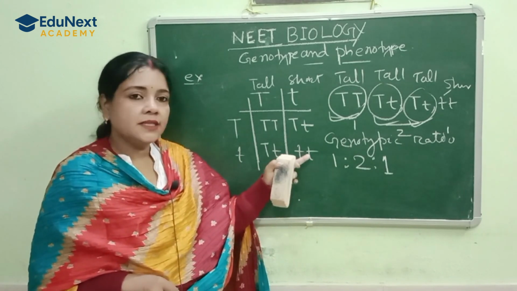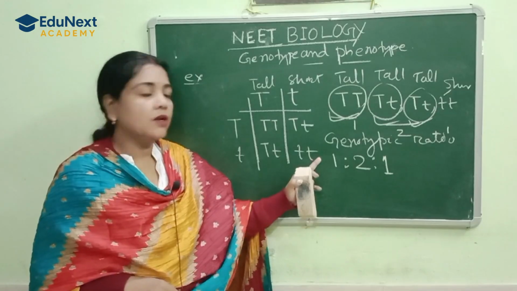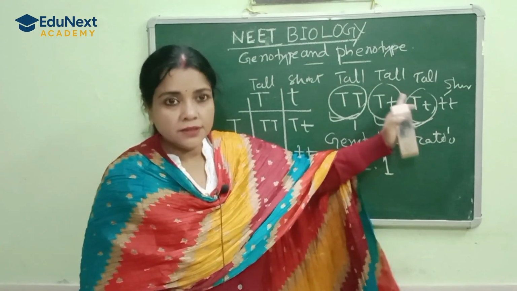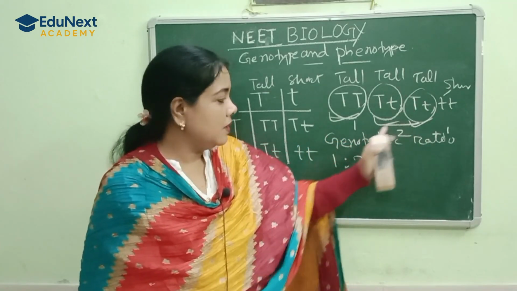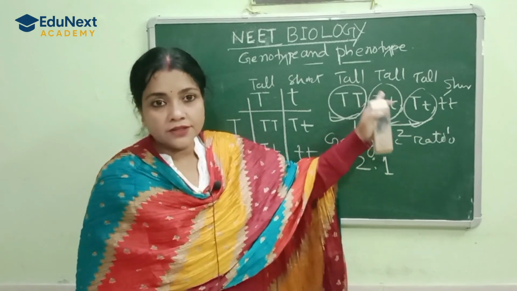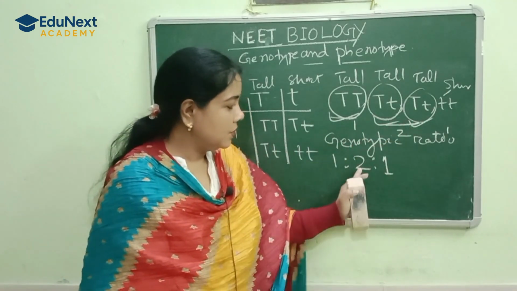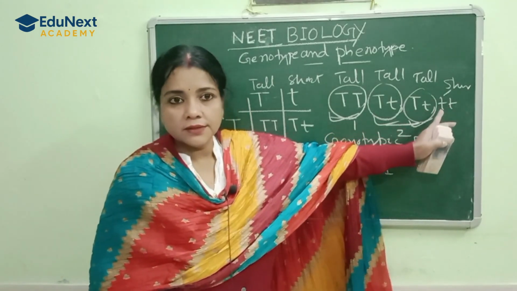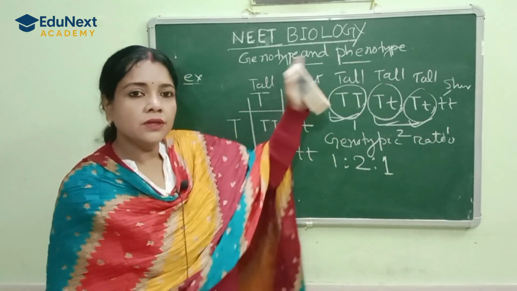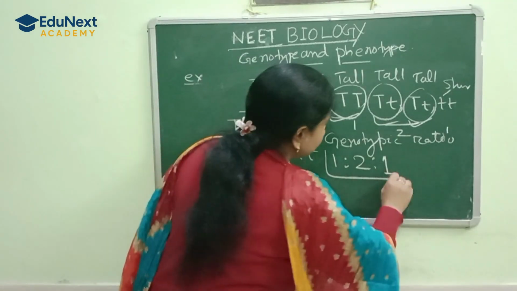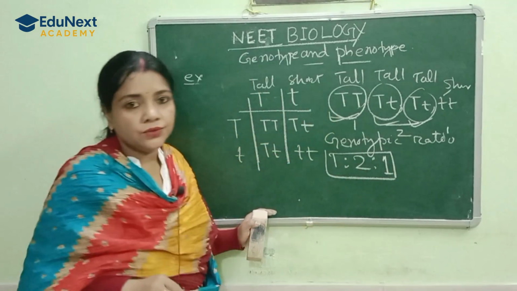TT is completely tall, and Tt you can also consider tall, because the tall parent's characteristic is expressed here. So the tall ratio is 3, and tt is short, because t belongs to the gene of the shorter plant.